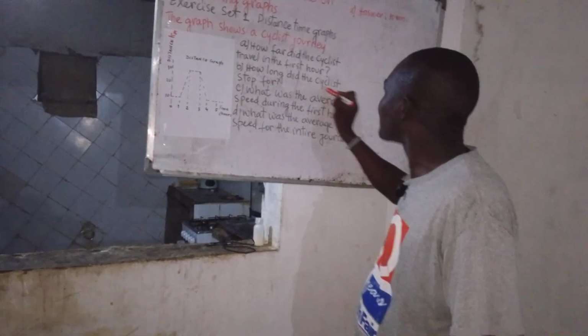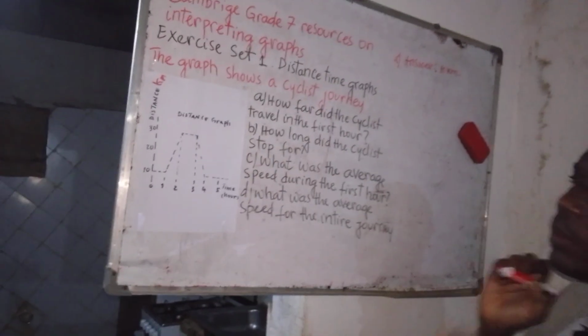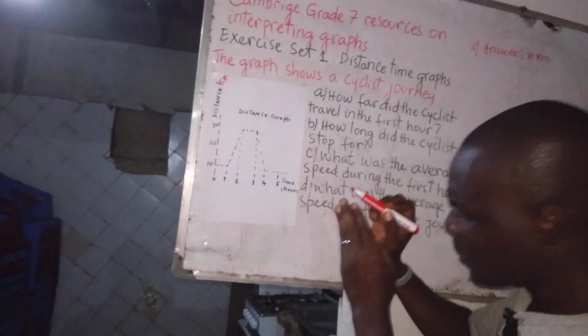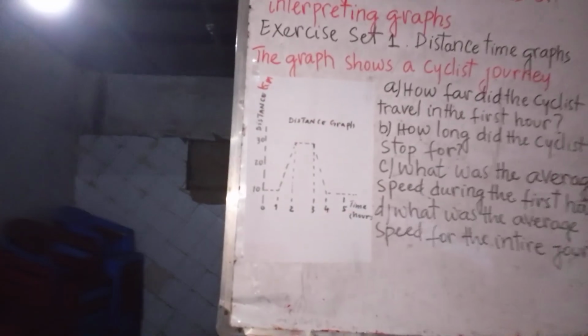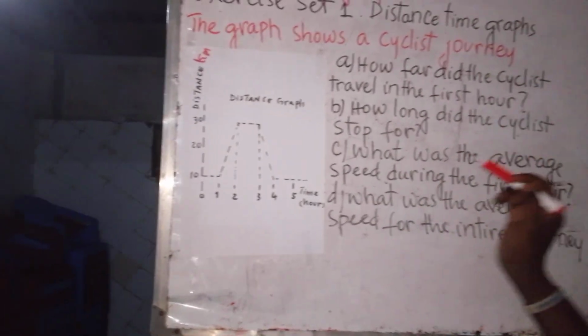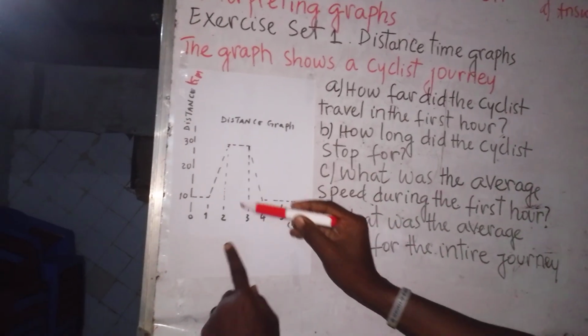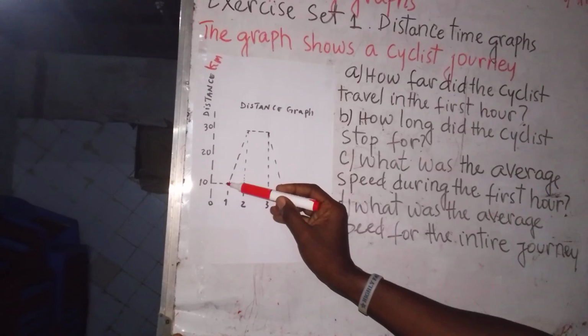How long did the cyclist stop for? Going directly to the graph, let's interpret just to know how long the cyclist stopped.